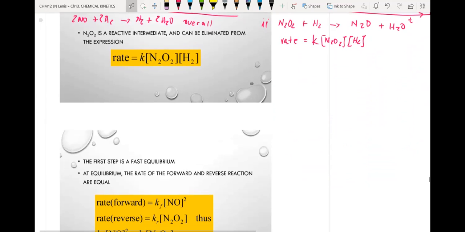And since this is an elementary step that shows up and then is consumed, we can take that out and say the rate equals K times H2.